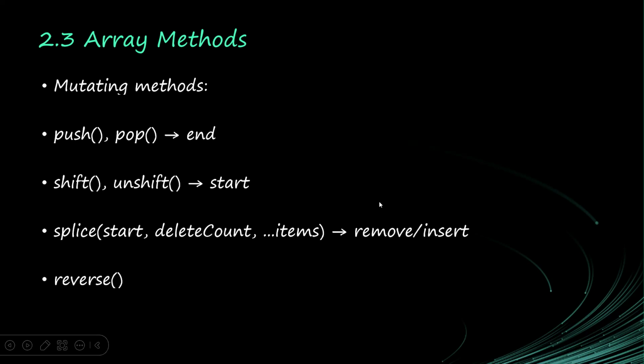Splice will either remove or insert. So you give it the start index, where you want it to start, then how many items you want it to delete, and then what items you want it to add.